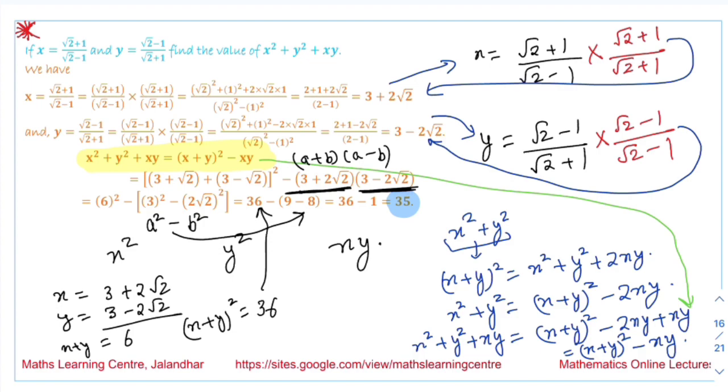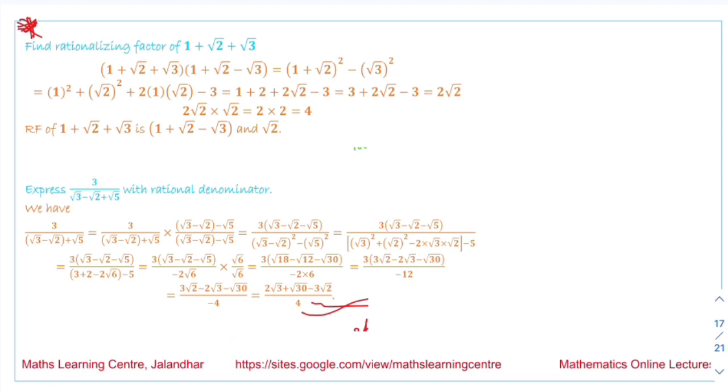Now in the next question we have to find the rationalizing factor of 1 plus root 2 plus root 3. So now there are two terms, root 2 plus root 3. In these kinds of situations there is no fixed formula, we just try something. What we have tried over here is just for information purpose. We have tried this value, 1 plus root 2 minus root 3.